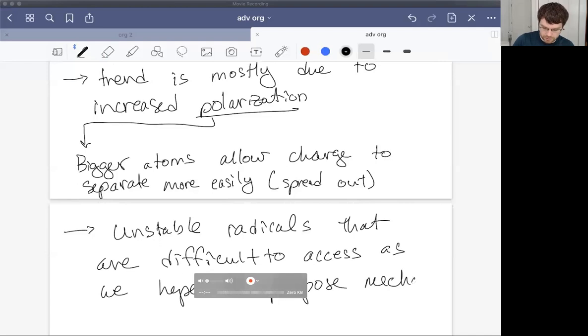So when we're looking to propose mechanisms, some radicals that are difficult to access, and therefore unlikely, well, not completely unlikely to be formed, would be things like the H radical, the OR radical, although there are some alkoxy radicals that can be formed.